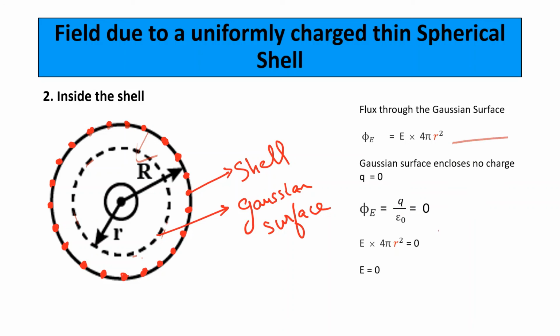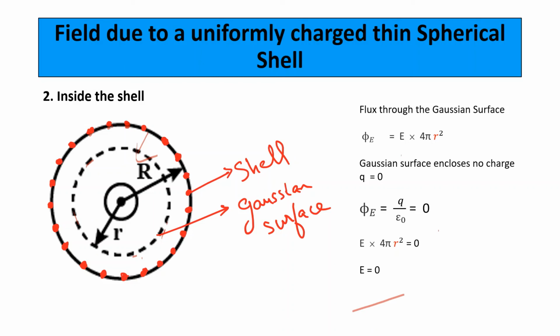Let this be equation 1 and this be equation 2. You can equate the first equation and the second equation. That means E into 4 pi r squared is equal to 0. 4 pi and r squared cannot be 0. Therefore, E is equal to 0. What is the electric field inside the shell?